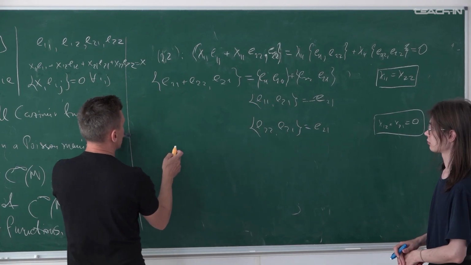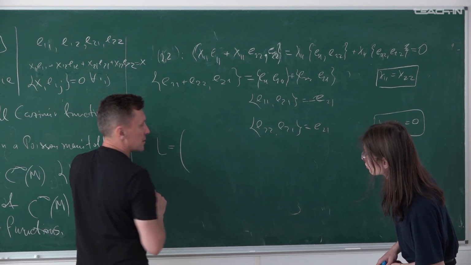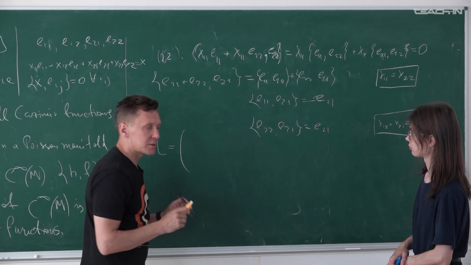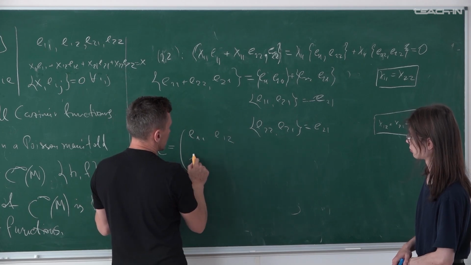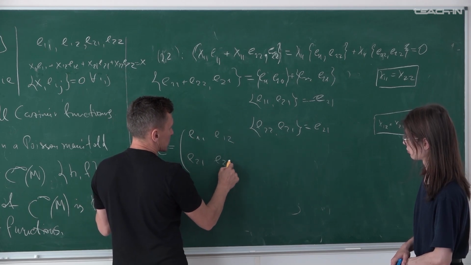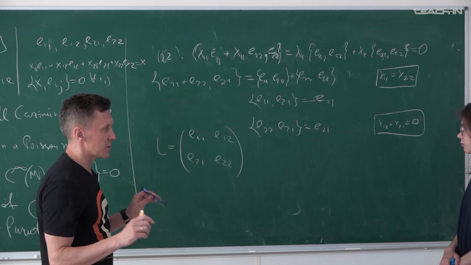Just wait a moment. It is useful to organize the generators of our Poisson algebra into a matrix. Let me write it like this: E11, E12, E21, E22. For the moment, it's a formal expression.